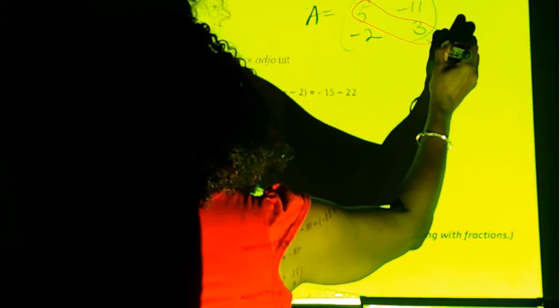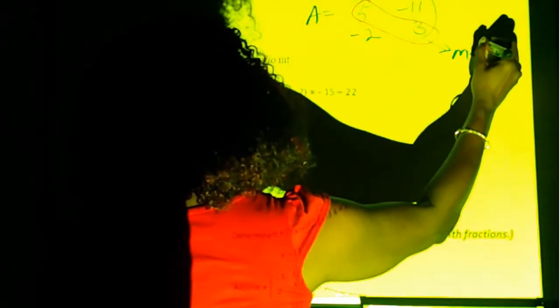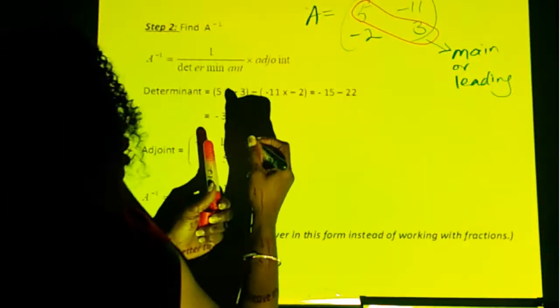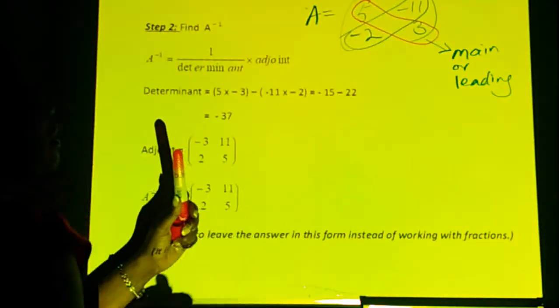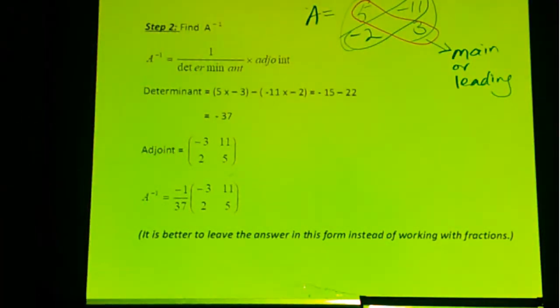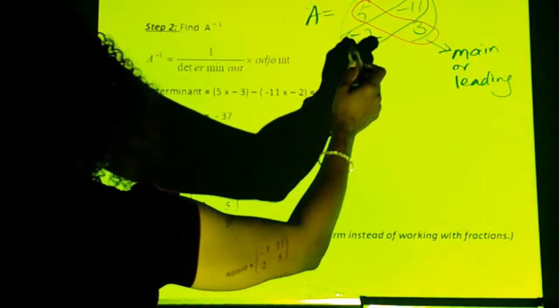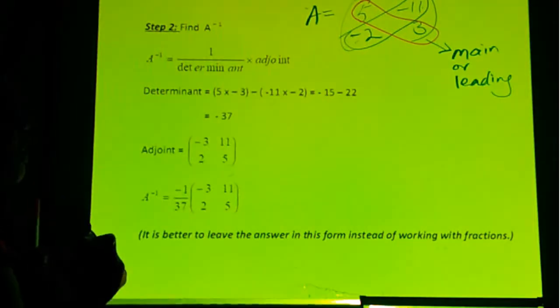So this is the main diagonal or the leading diagonal. And the other diagonal is the minor or non-leading. So we're multiplying these two together. And here's a minus sign between them.